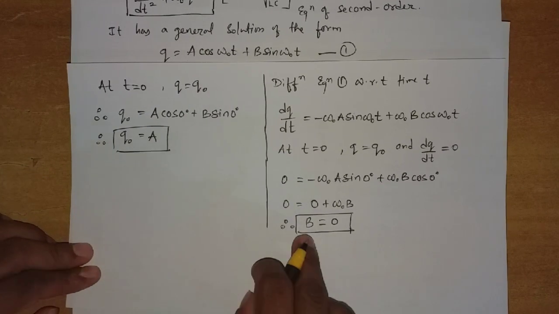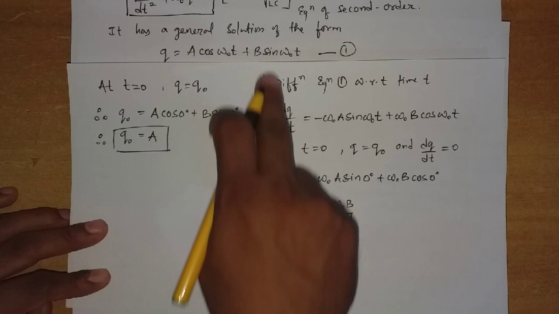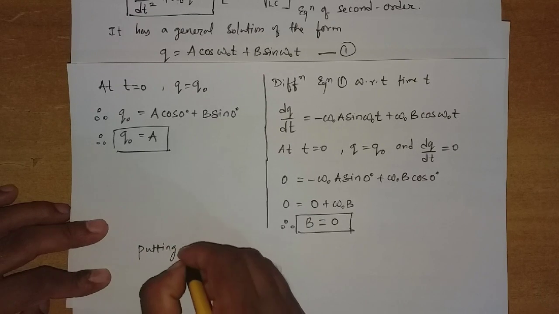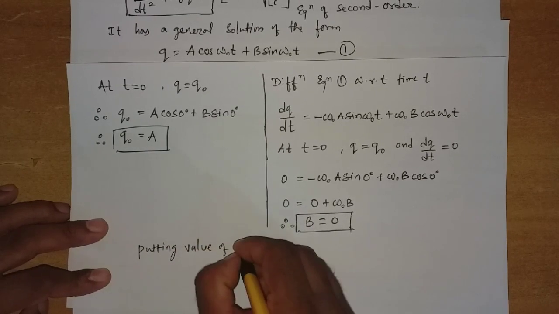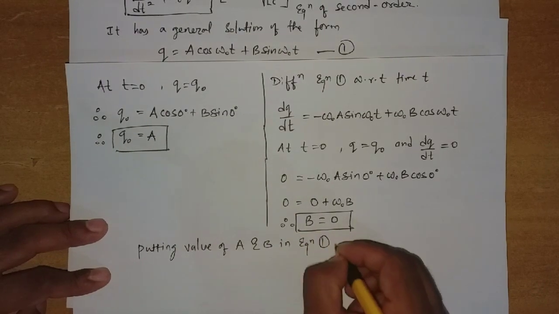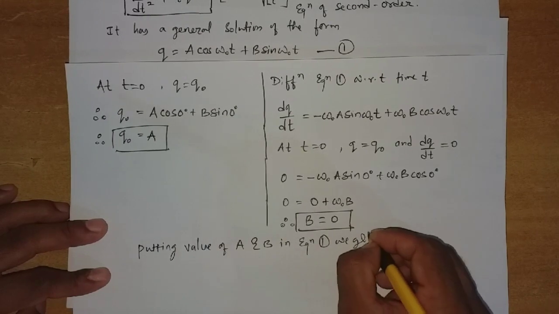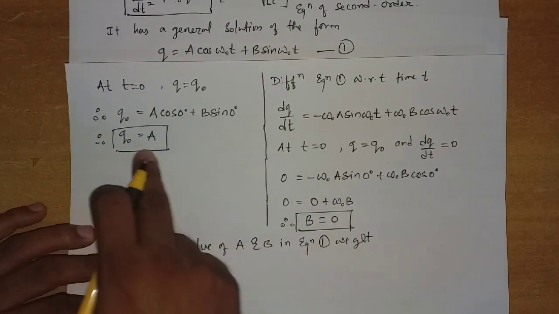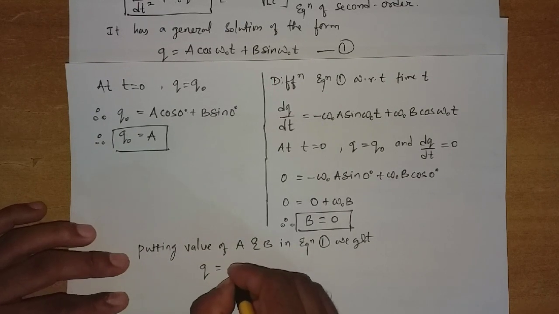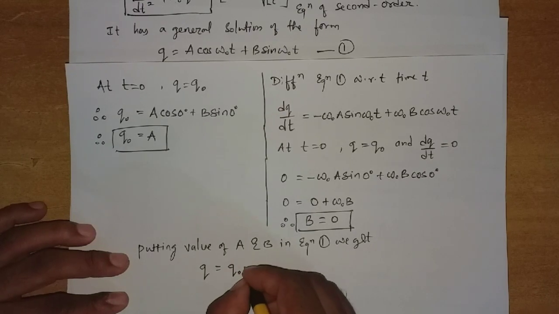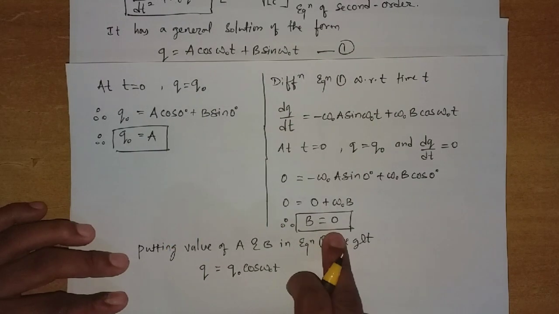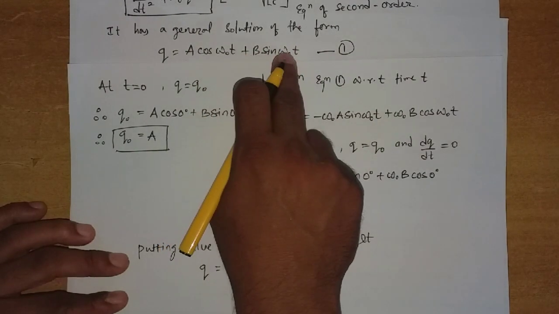Clear? Now putting the values of A and B in equation 1, we get the final form, that is q is equal to q naught cos omega naught t, while the B term is 0, so this entire term becomes 0.